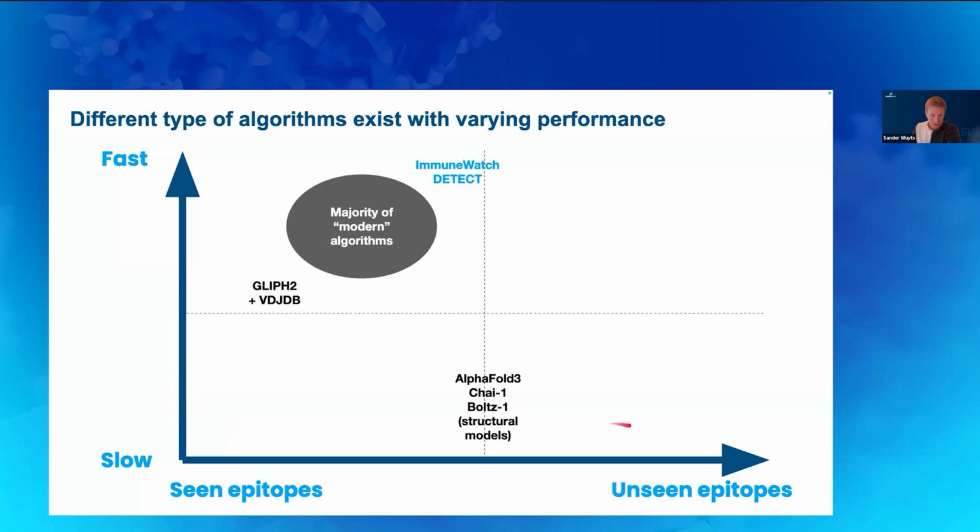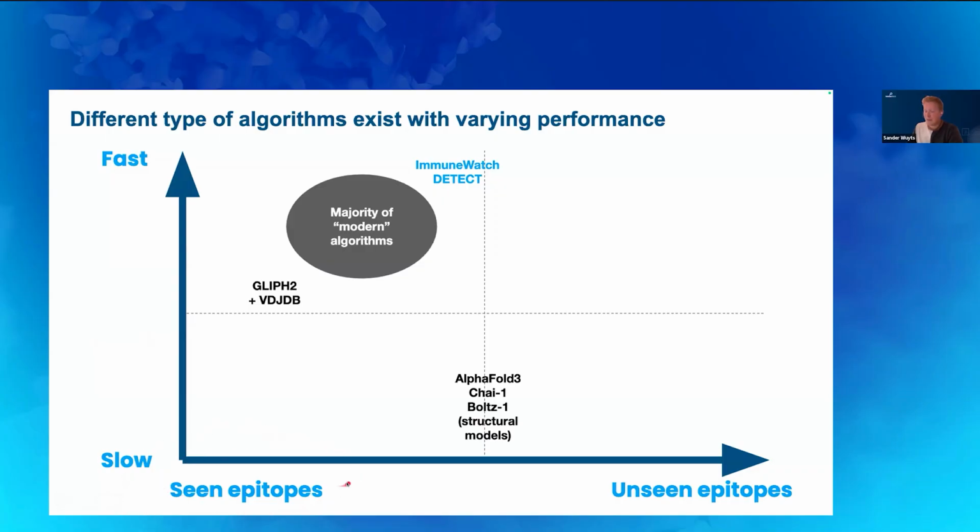On the x-axis, it might be a little more difficult to understand out of the box, so I'll try to run you through this. We're talking about how performant an algorithm is in the unseen epitope condition. Seen epitopes are typically models that can do predictions only for epitopes stored in their database. You need the right training data to be able to do these kinds of predictions, for example, for famous antigens such as the spike protein of SARS-CoV-2, or well-characterized tumor-associated antigens such as MART-1 or NY-ESO-1.